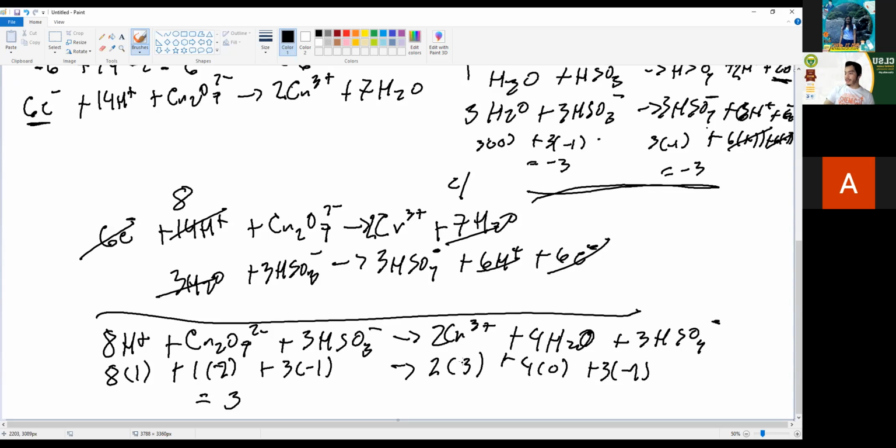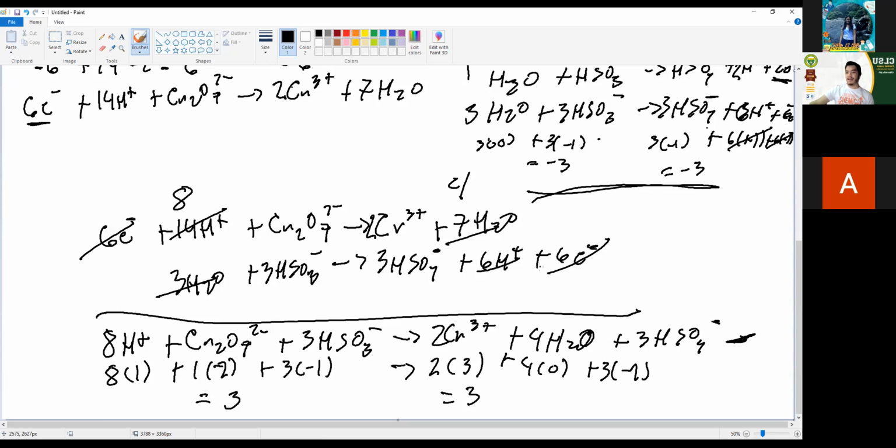So 2 times 3 is 6 minus 3 is 3. So balance na. So yan, ang balance reaction natin is 8H plus Cr2O7 2 negative plus 3HSO3 negative will yield 2Cr3 plus 4 water and 3HSO4 negative.